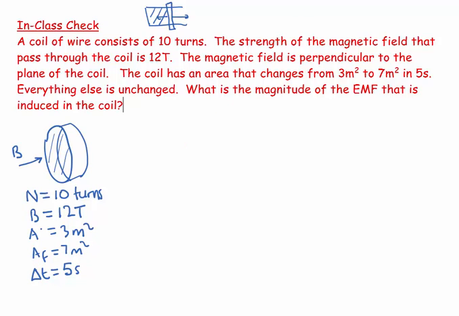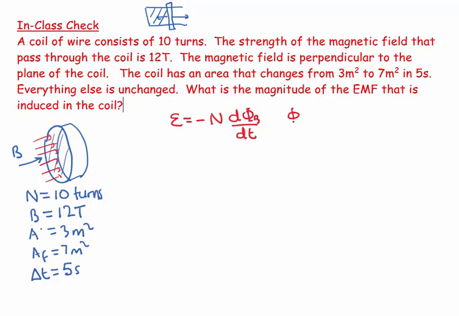So we need a principle, and the principle is Faraday's law. E is equal to minus n d phi b by dt. And let's remind ourselves, phi is the flux, it's the number of magnetic field lines I can imagine going through that thing.